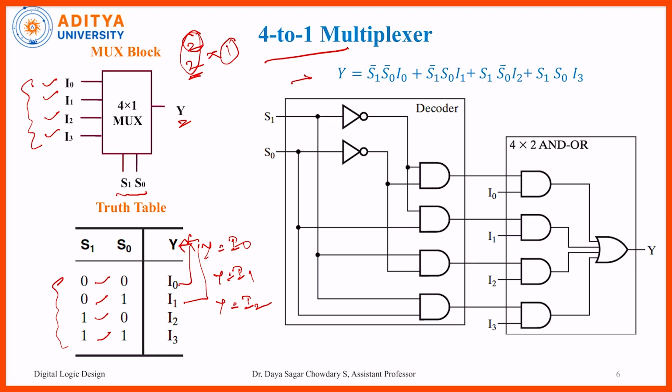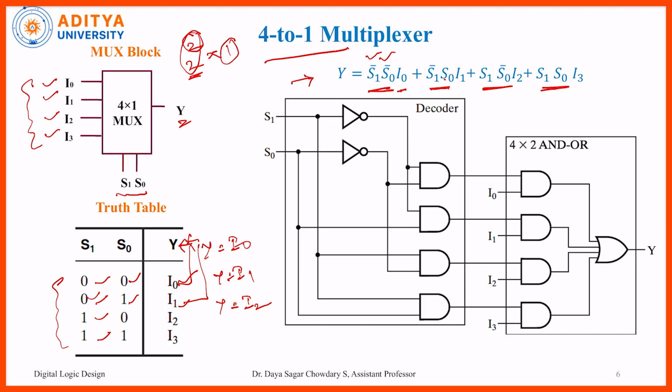We can write down the equation: if 4 combinations are there, we follow the binary representation, that is S1 bar, S0 bar, because these 2 are 0 0 here. So S1 bar, S0 bar multiplied with I0, so the output is I0. Then for 0 1, S1 bar, S0 with I1, because the output is I1, plus S1, S0 bar with I2.